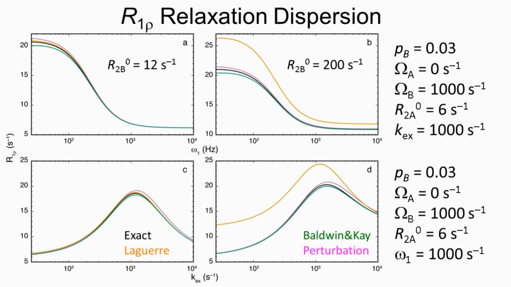But then on the other hand, either of the formulas from Baldwin and Kay or the perturbation treatment that incorporate differences in relaxation rate constants now are quite accurate. So one can handle the Dest-like situation, where the relaxation rate constants from tumbling are very different, or one could be in the more common limit where those rate constants are relatively similar.